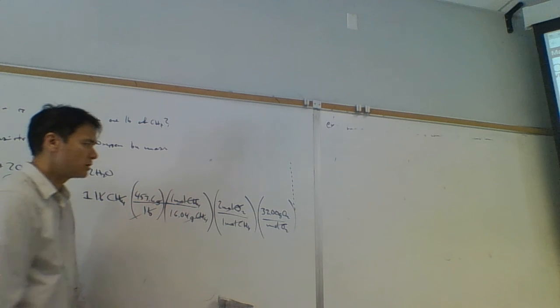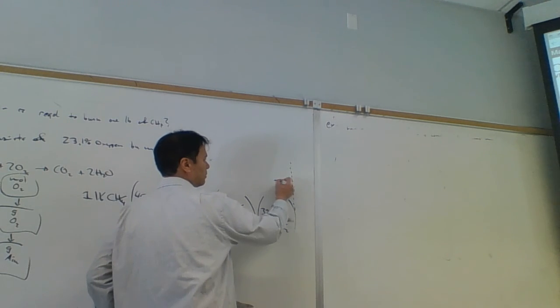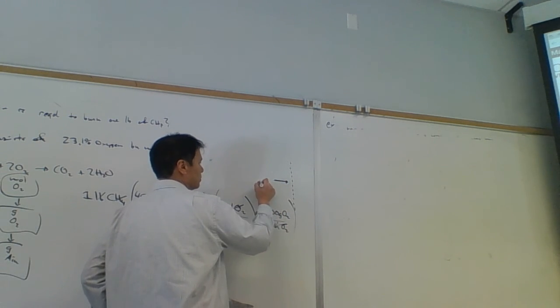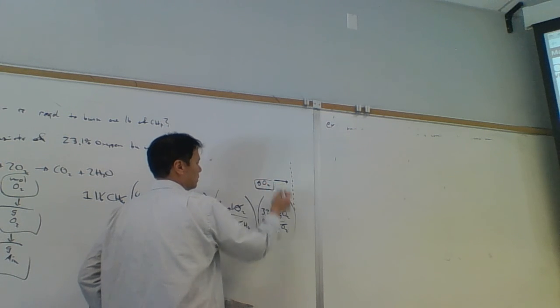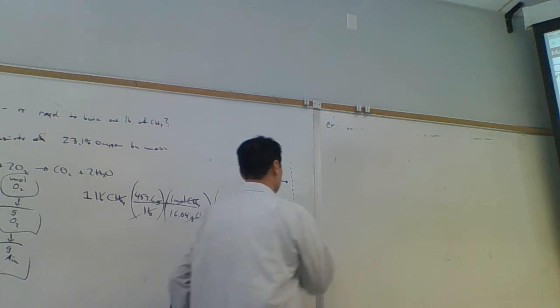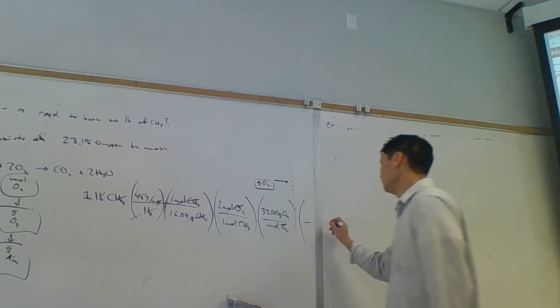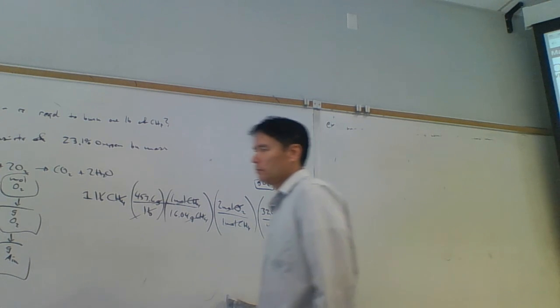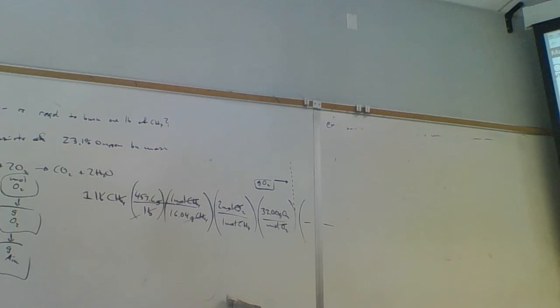If we bought a bottle of oxygen, then this is where we stop. This is how many grams of O2 we need up to here. But we don't want O2. We want to go with the free stuff. And if you want the free stuff, then we're going to have to figure out how many grams of air we want. And so what's the last conversion factor?